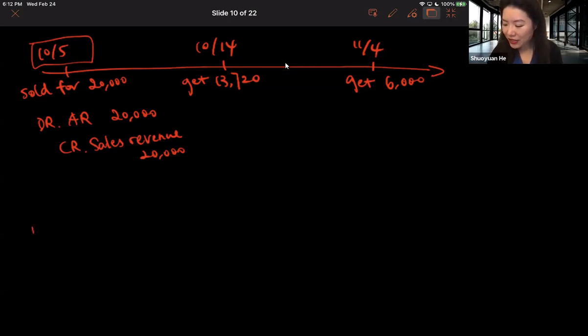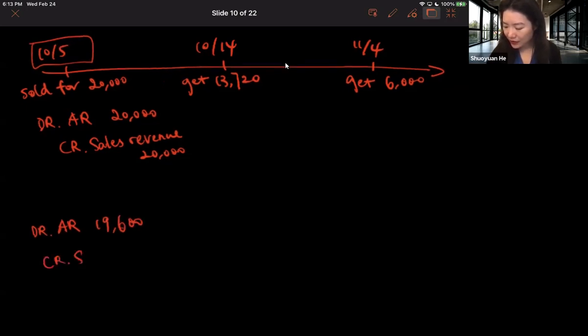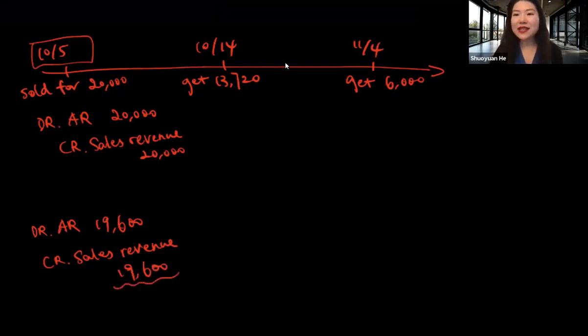And then alternatively, I can make the journal entry debit accounts receivable for $19,600 and credit sales revenue for $19,600. Where does this $19,600 come from?